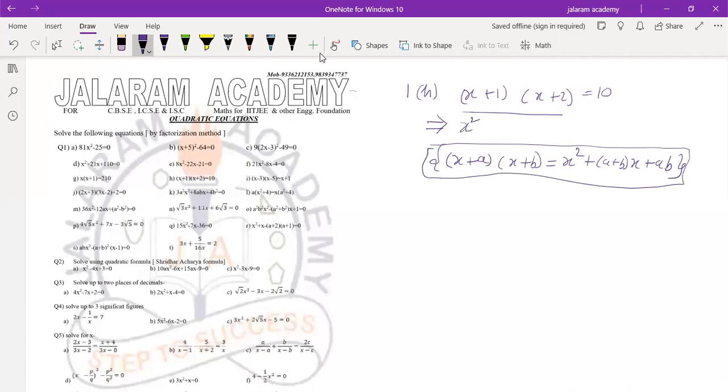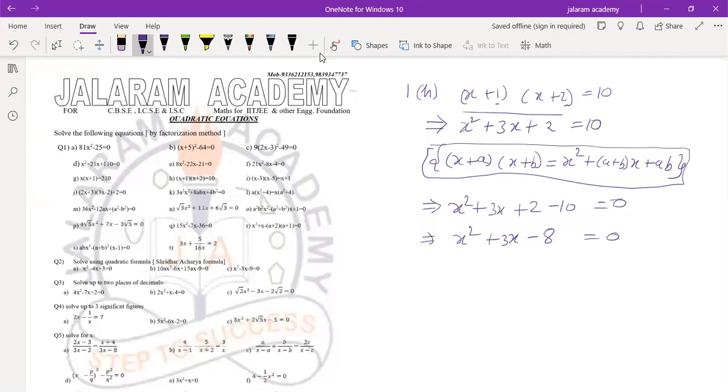So it becomes x square plus (a plus b, means 1 plus 2, 3)x plus ab, means 1 into 2, 2, equals to 10. Now transfer all the terms to left hand side. So it is x square plus 3x minus 8 equals to 0.